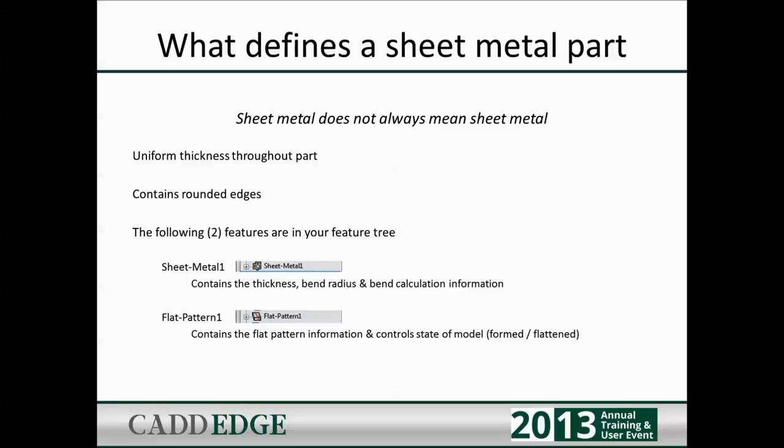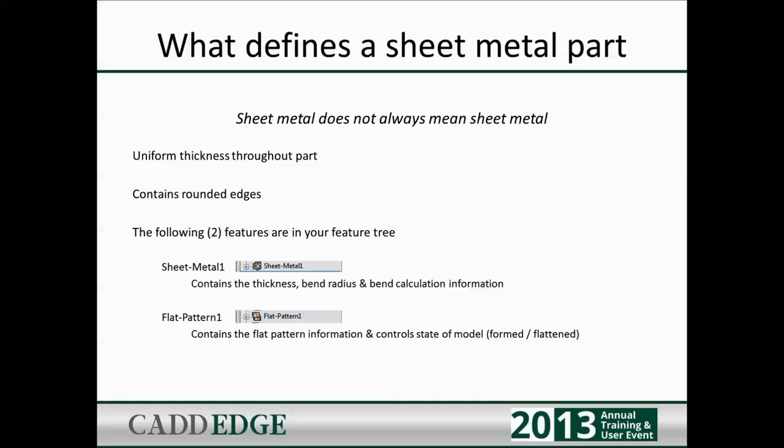So what defines a sheet metal part? First, just because it says sheet metal doesn't mean it has to be sheet metal. This can apply to paper, cardboard, anything that you bend up and would need a flat pattern of. To use the sheet metal functionality, there are two rules that you have to follow all the time.